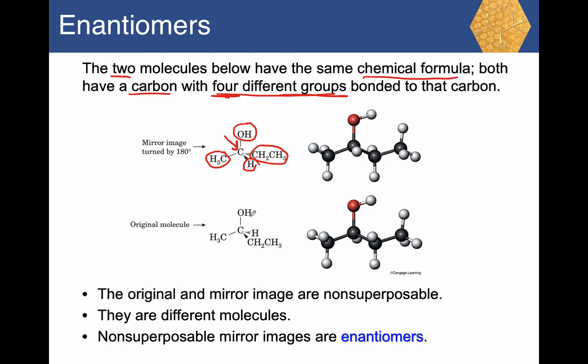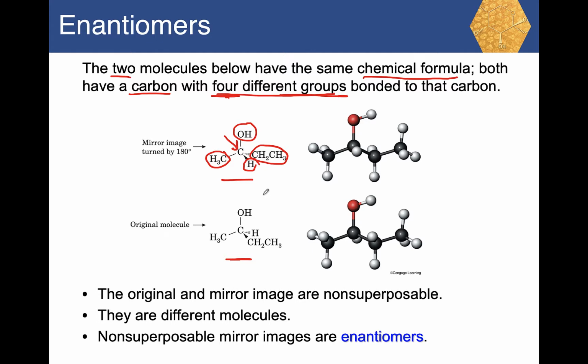I should point out that another important observation is that these 4 groups in the top molecule here are the same in the bottom molecule. So therefore these are isomers. Specifically, they are stereoisomers because the connectivity of the atoms is the same.